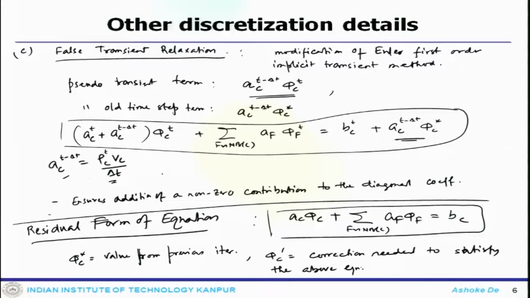So, I can write phi_C equals phi_C star plus phi_C prime.